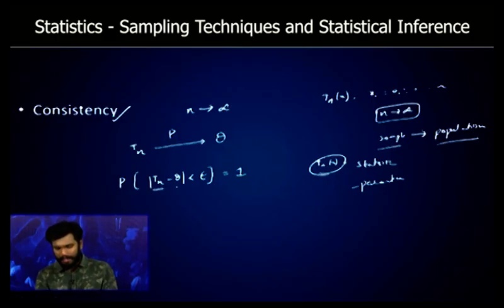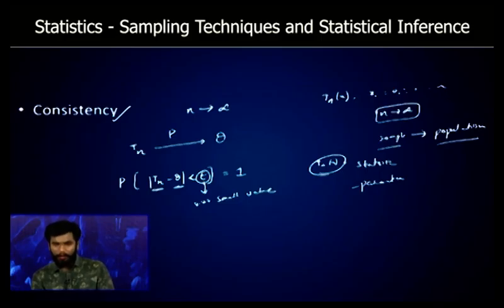Tn of x minus theta, when n tends to infinity, is less than epsilon. Epsilon is a very, very, very small value. So the probability that Tn minus theta, the difference between the statistic and the population parameter, is less than a very small value means these two are very close to each other. So when these two are very close, this difference becomes very, very small.